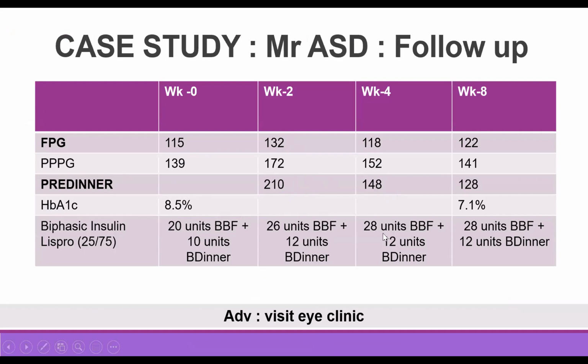Then we increased the dose a little further, and it came down to 128. And then the A1c came down to 7.1, and the patient settled with the premixed insulin 28 units before breakfast and 12 units before dinner. Because the glycemic control is fairly good, we advised the patient to visit the eye clinic.